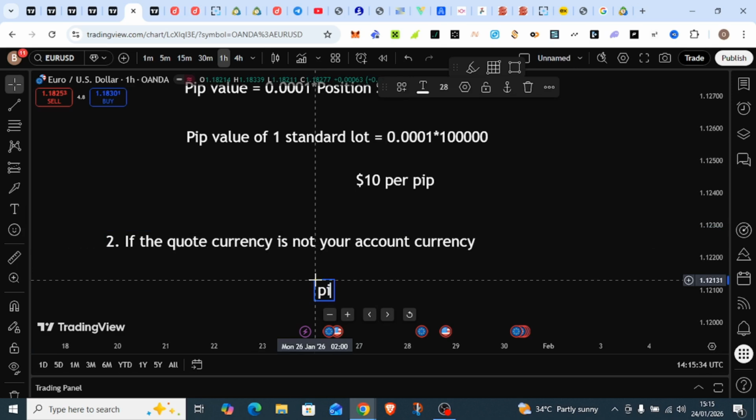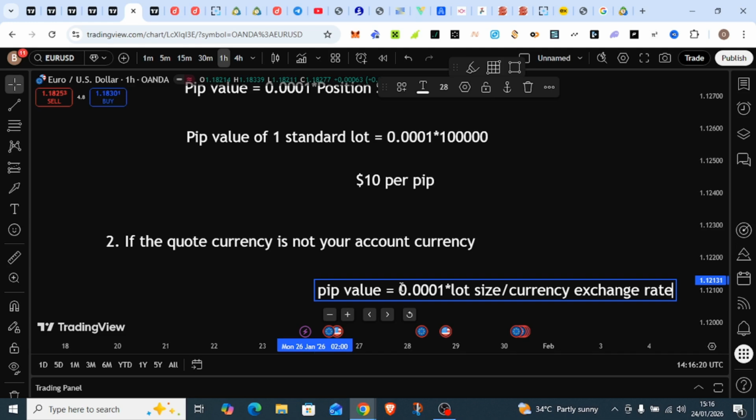Pip value will be equal to 0.0001 multiplied by lot size, then over currency exchange rates.